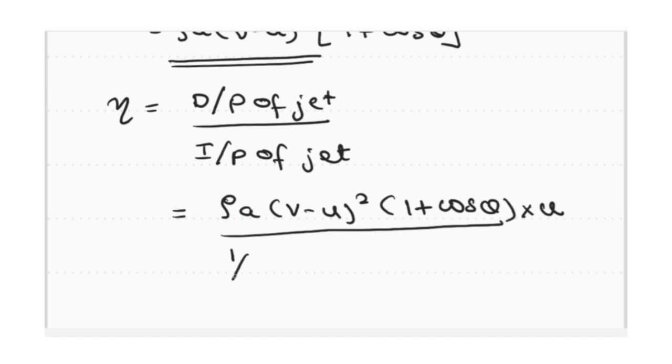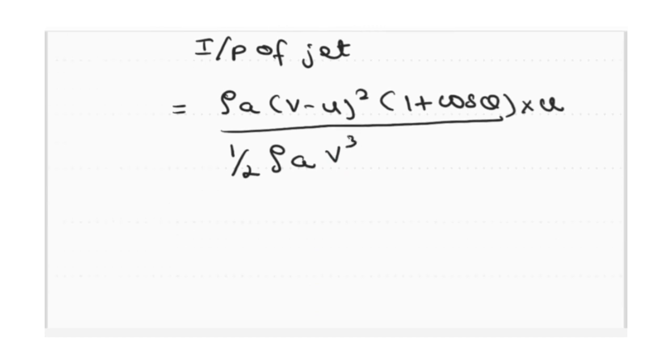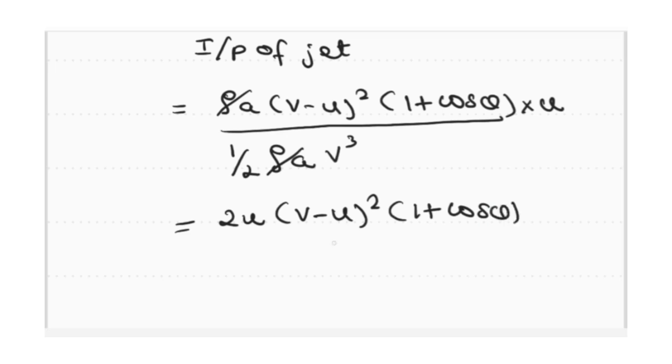Input of jet is kinetic energy, half into rho into A into V1 square, so that is half rho A V cube. If you solve it, this gets cancelled, and 2 goes to the numerator: 2 into U into (V minus U) whole square into (1 plus cos theta) divided by V cube, that will be the efficiency.